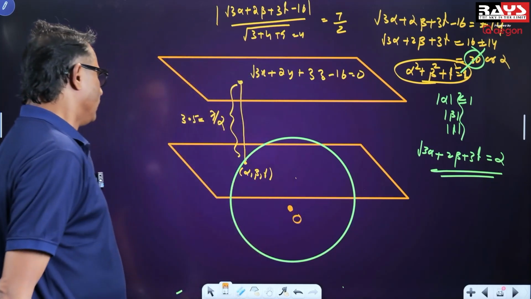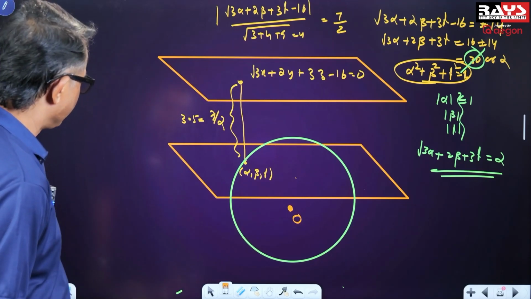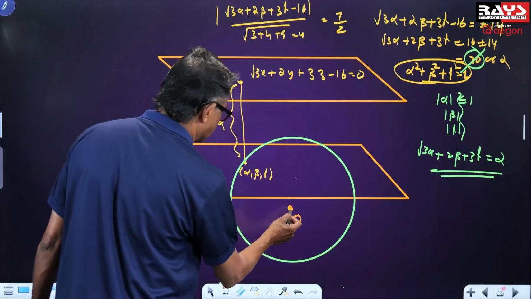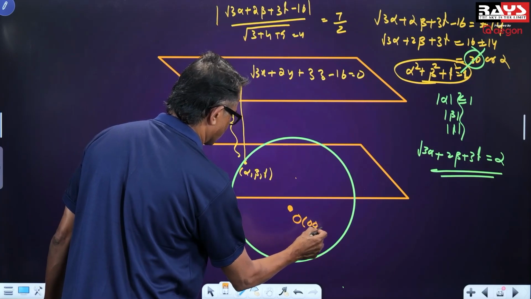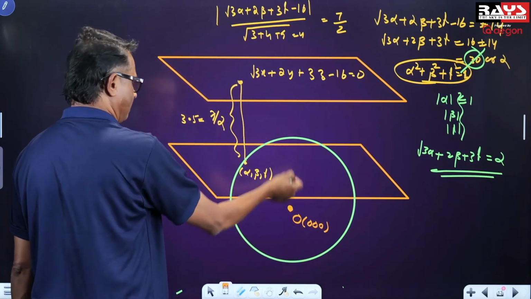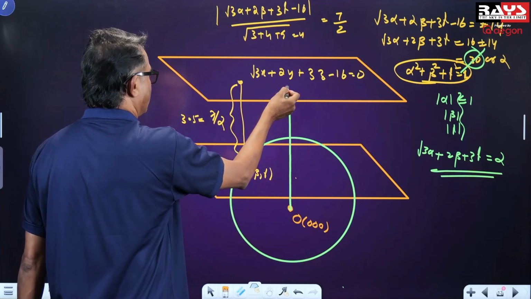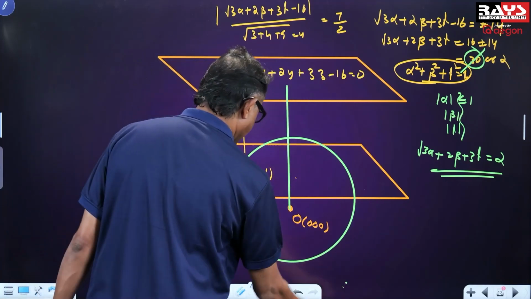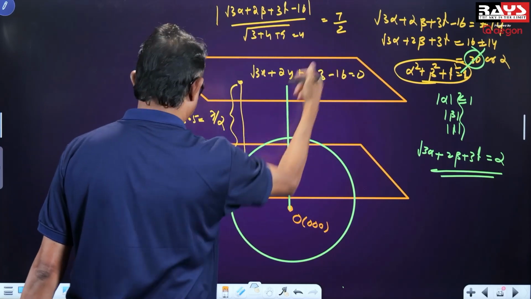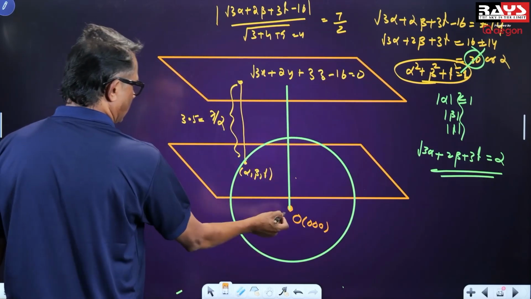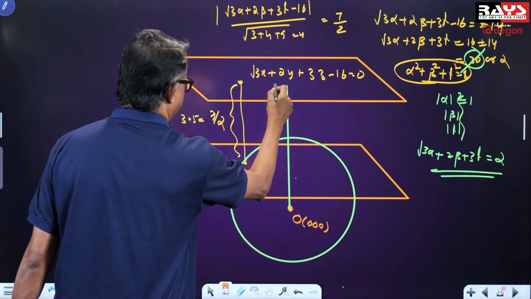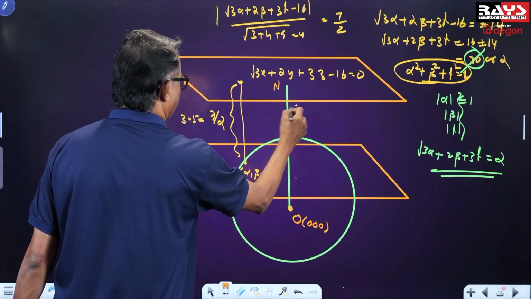Now, what is the distance of the center 0, 0, 0 from this plane? Let us write, this is ON, and ON is perpendicular.